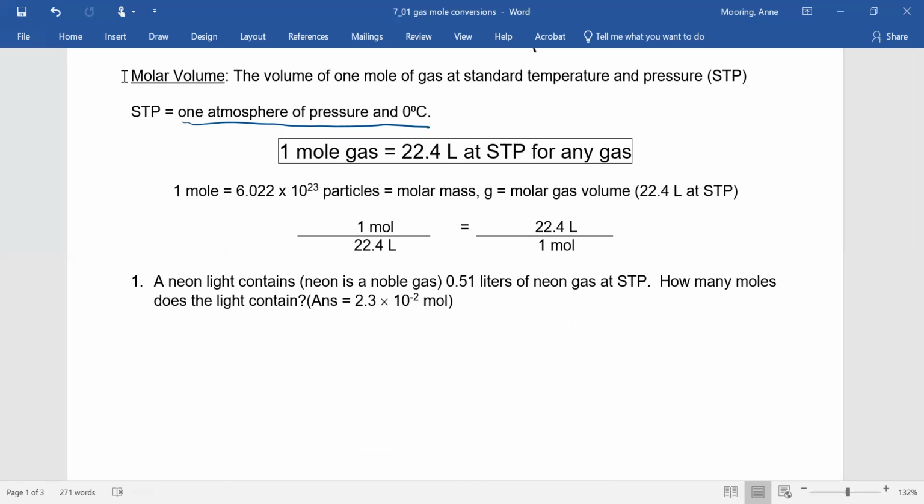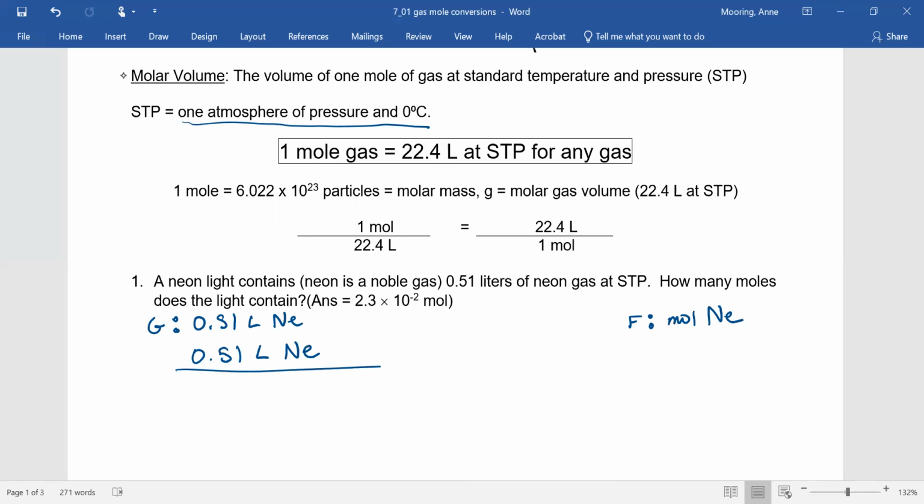A neon light contains, neon's a noble gas, 0.51 liters of neon gas at STP. How many moles does the light contain? So our given is 0.51 liters of neon, and we are trying to find moles of neon. So we set up our dimensional analysis, 0.51 liters of neon.